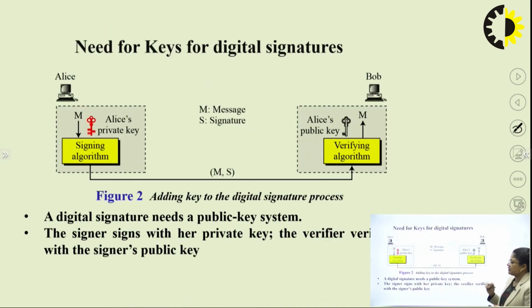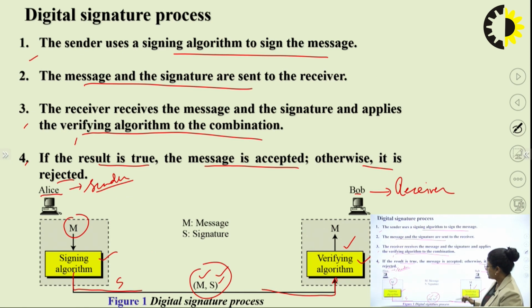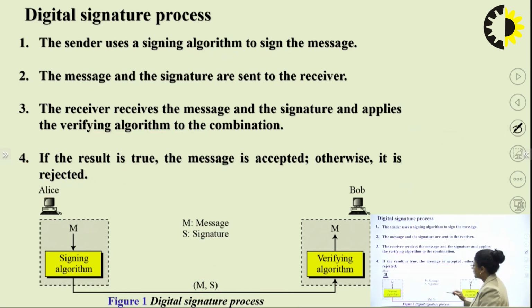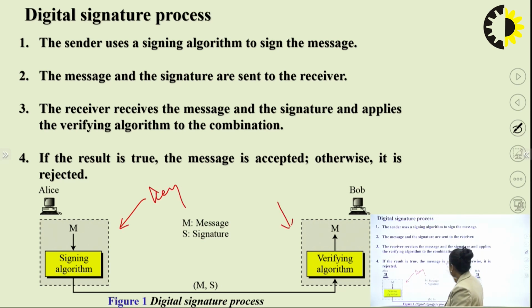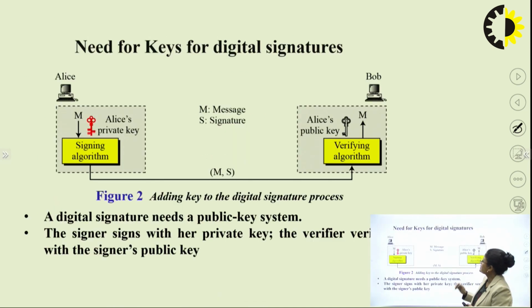Now, as I said, we have the signing algorithm and the verifying algorithm. When you're talking about digital signatures, for this signing and verifying algorithm, we need keys to perform signing and verification. Now, keys for what purpose? In the case of digital signature, we go for asymmetric key encryption, or rather we can say public key system.